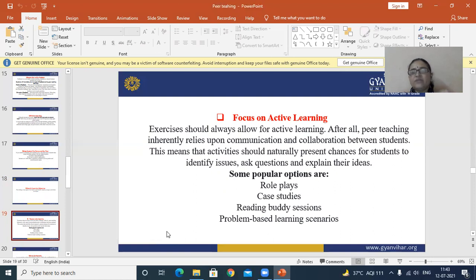This means the activities should naturally present chances for a student to identify issues, ask questions and explain their ideas. Some popular options are role play, case study, reading buddy sessions, problem-based learning scenarios.